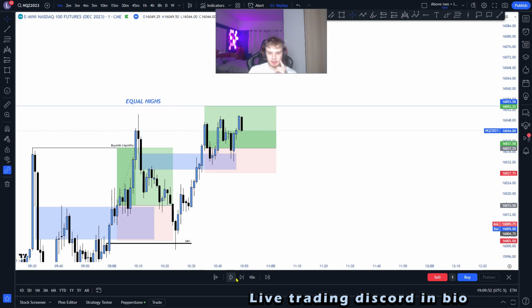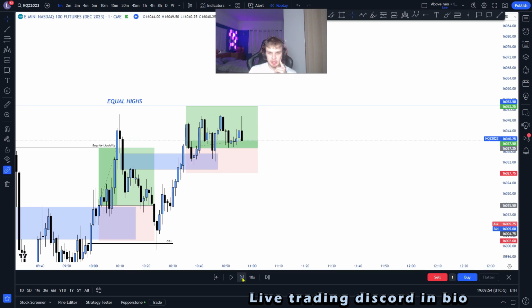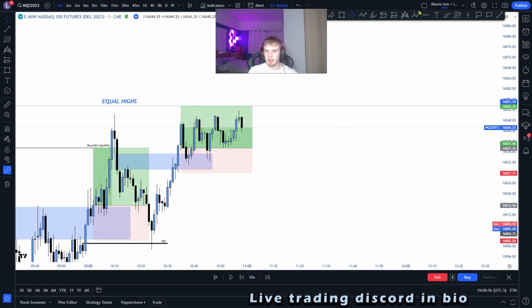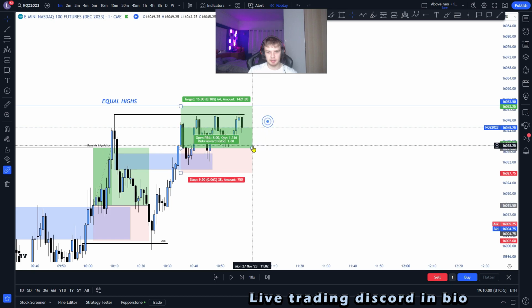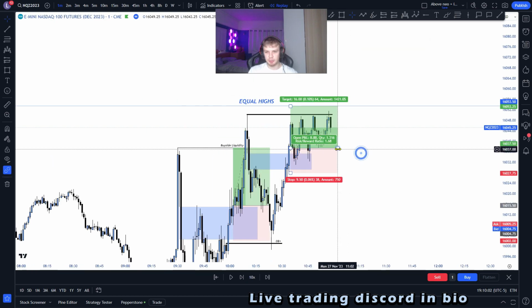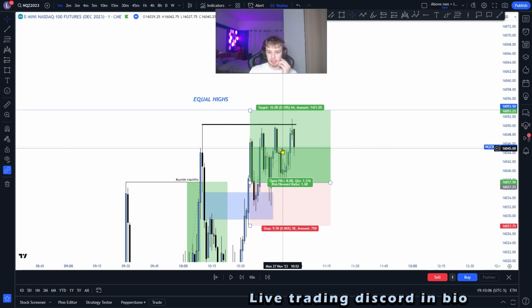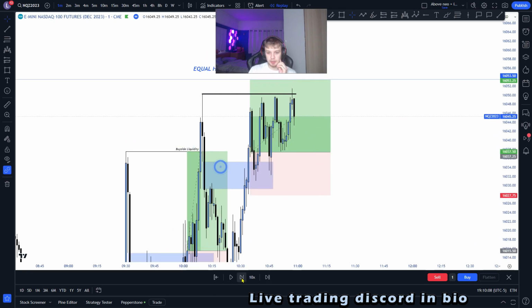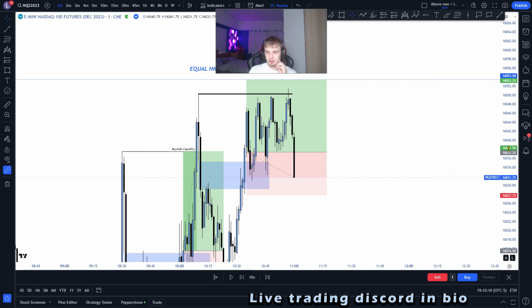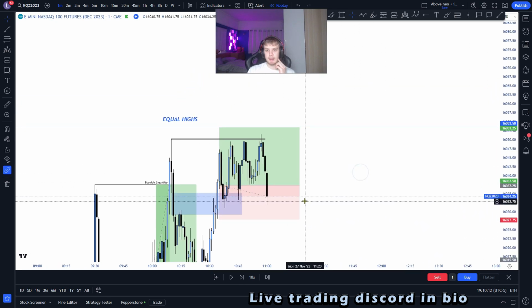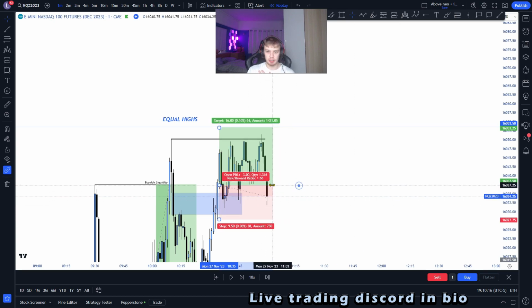We take out this high here, and as soon as we take out this high, I put my stop loss to break even, just because of how choppy this price action is, and I wasn't willing to take a loss because we've already taken that big win earlier. I ended up getting stopped out for break even there. That was the second trade that I took on the live stream.